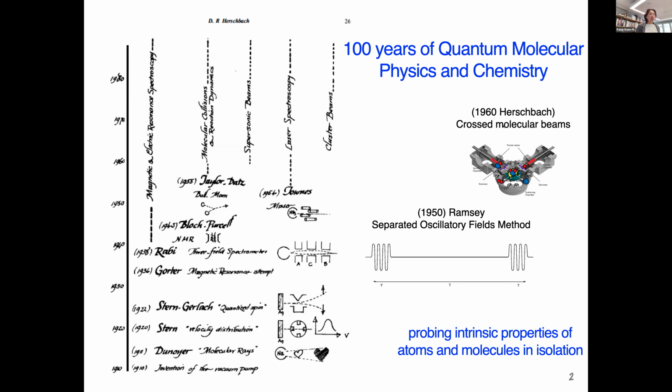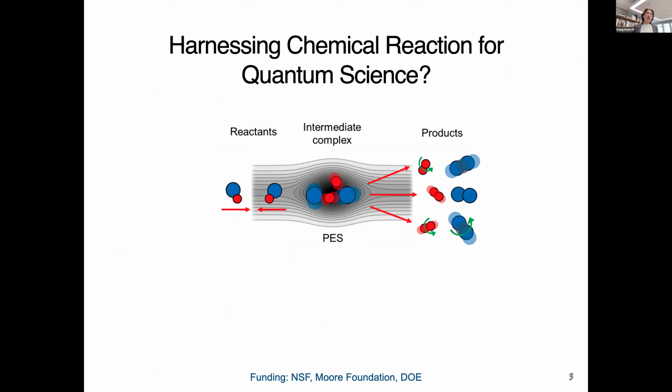So we're building on this set of tools and continue to have more and more control and manipulation of atoms and molecules. What I will focus on today is the general question of whether we can harness chemical reactions for quantum science. The specific question that I want to ask, as I already alluded to at the very beginning, is that when reactions turn into products going through a reaction complex, whether these products are entangled.